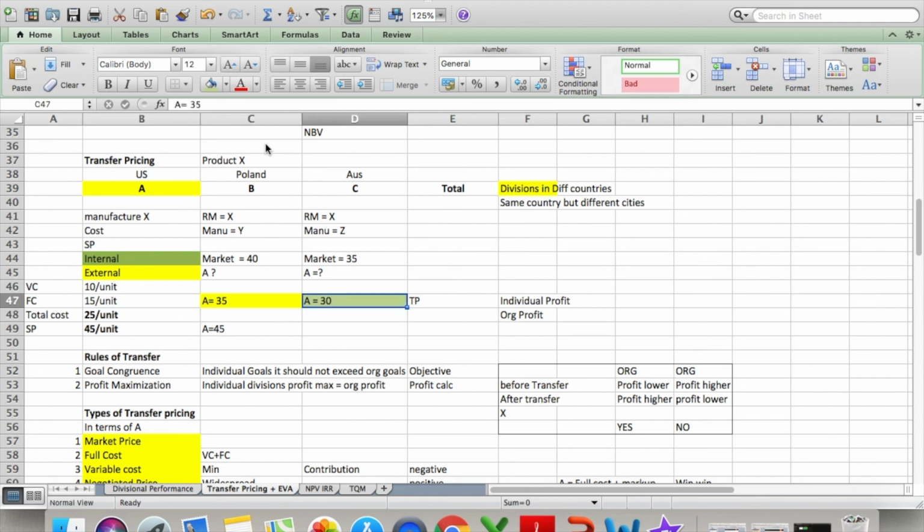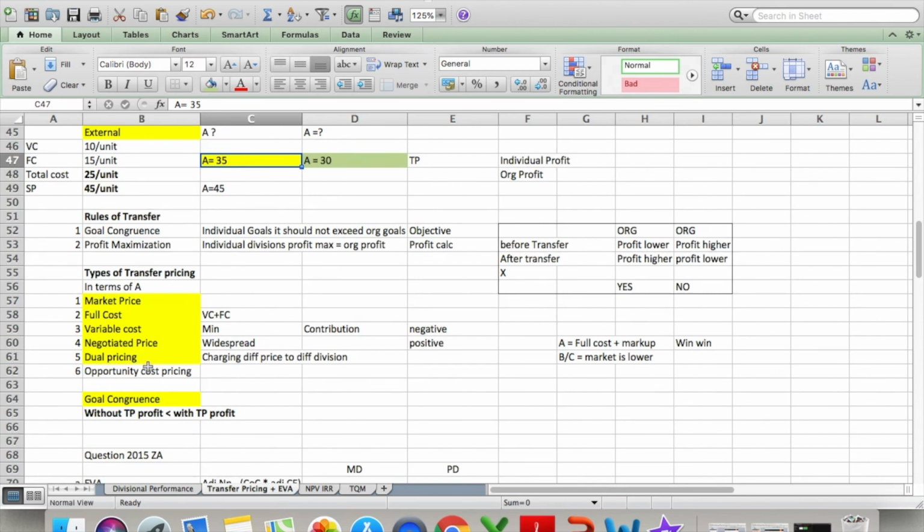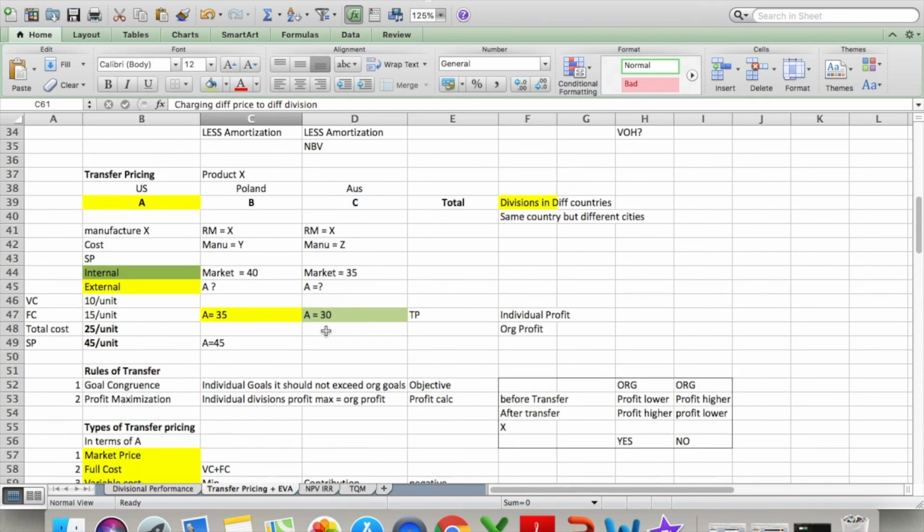So a negotiated transfer price between these two divisions is, one, negotiated, and two, they're both different. If the transfer price is different for both divisions, we call it dual pricing. We call it negotiated with dual pricing. That is, you're charging a different price to different divisions. Let's suppose A charges C 35 as well.